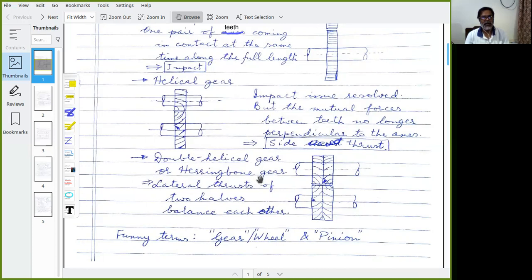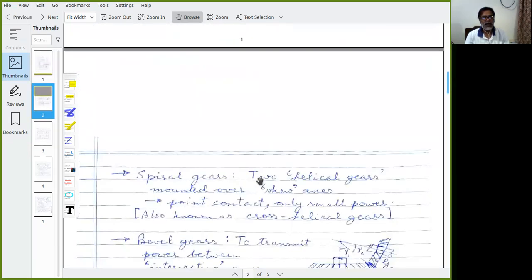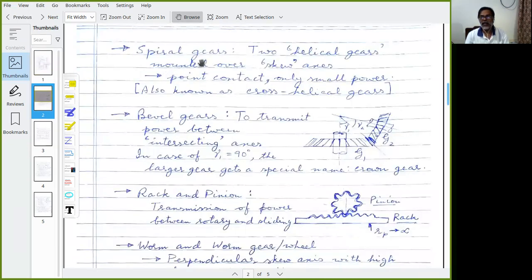Now some more kinds of gears. There is something called spiral gears. Spiral gears are nothing of a different kind. The gears are just helical gears, but mounted on shafts for power transmission which are not parallel but skewed.